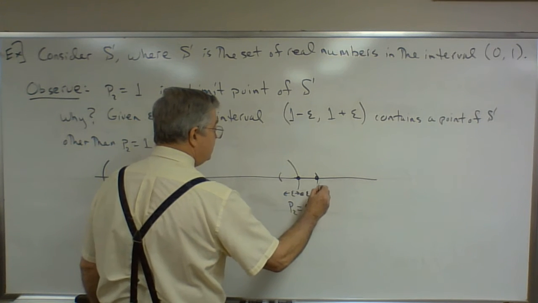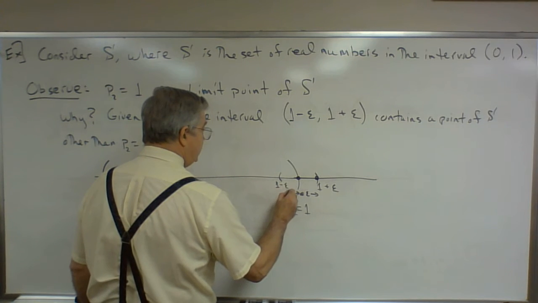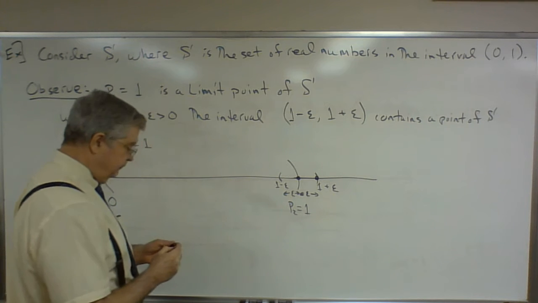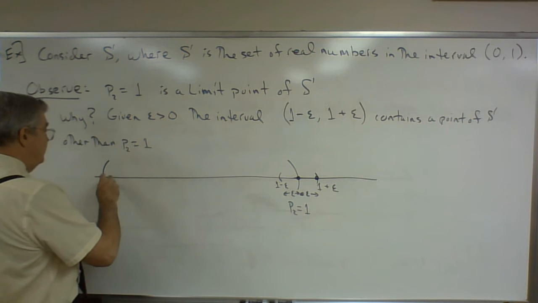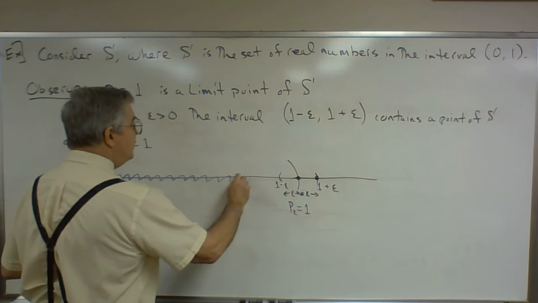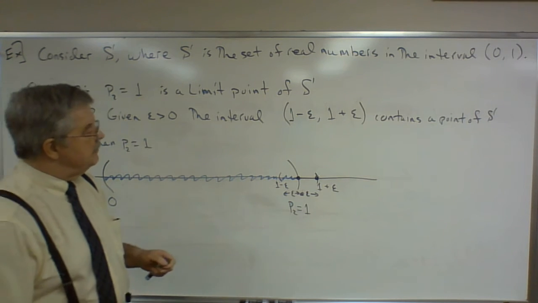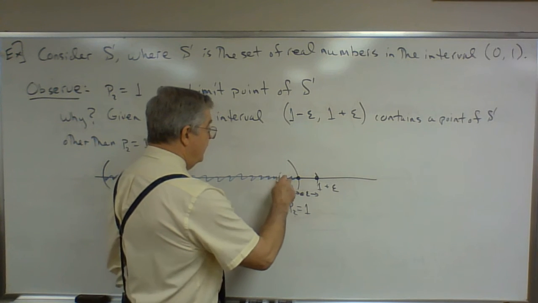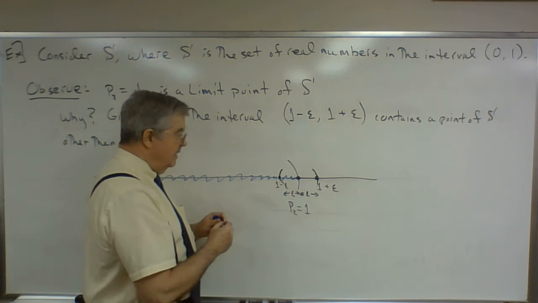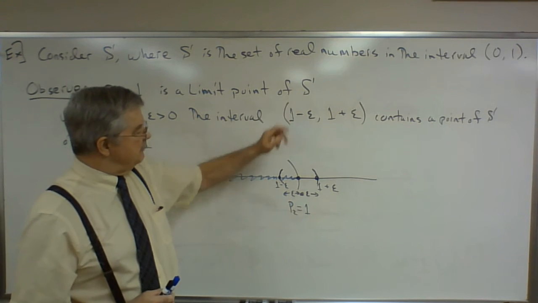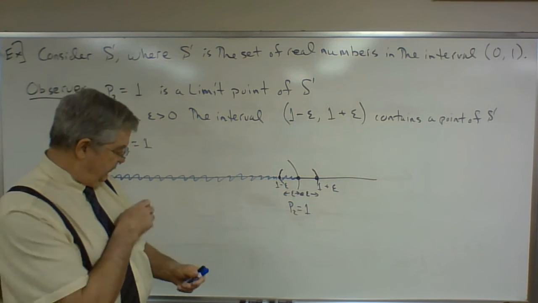So this is 1 plus epsilon, and this is 1 minus epsilon. And this whole thing, this interval from 0 to 1, not including the endpoints, is our set S. Does this interval from 1 minus epsilon to 1 plus epsilon contain any points of S other than 1 itself? And the answer is yes.